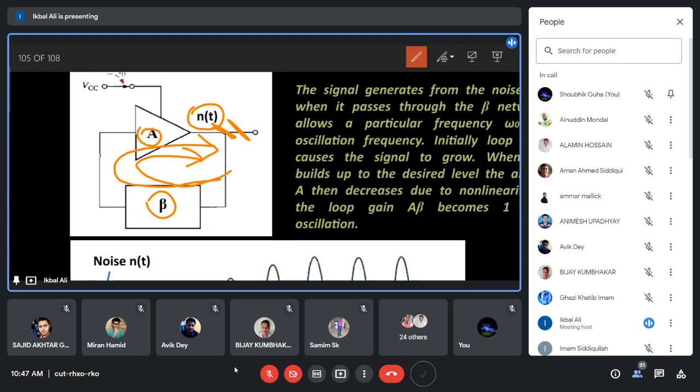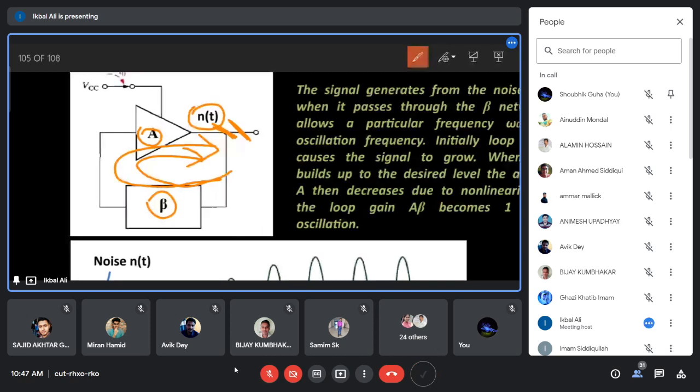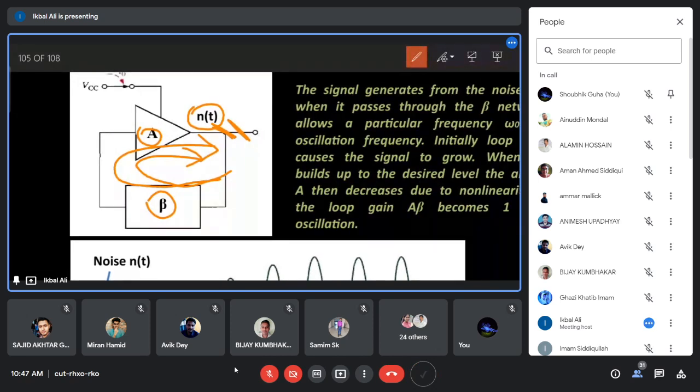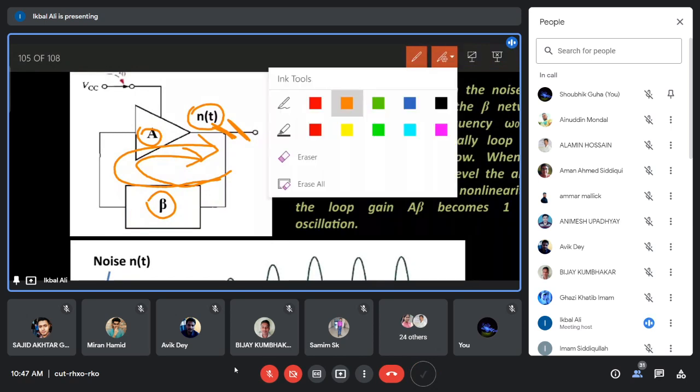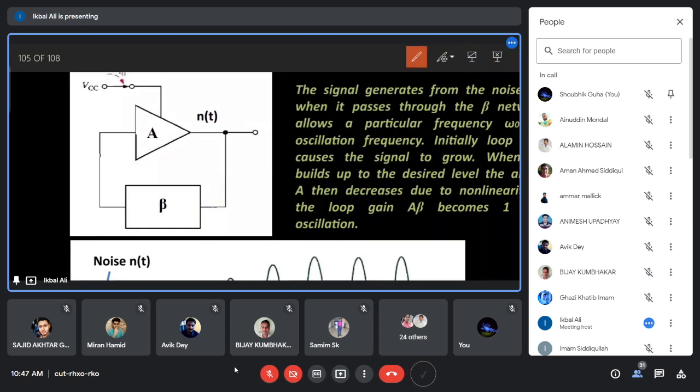That is the growing of the signal at the output of this amplifier, of this loop, if you put A into beta slightly greater than 1. In this way, the signal actually grows.